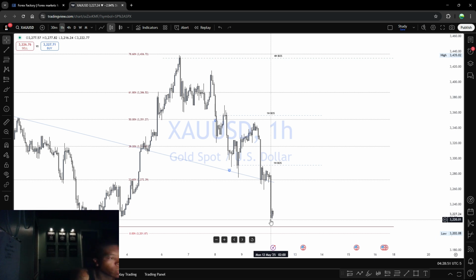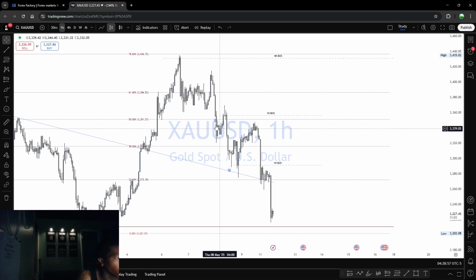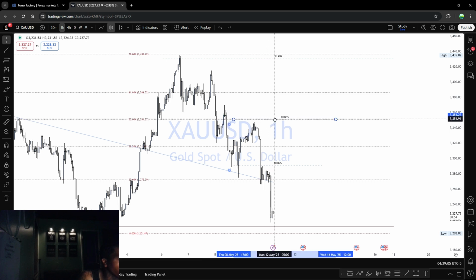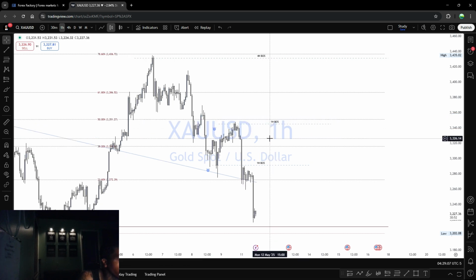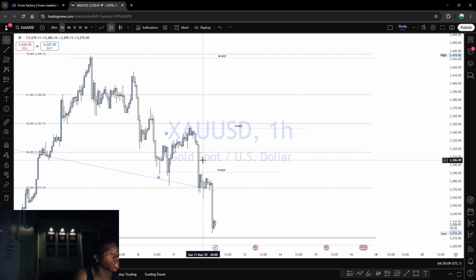So we should be looking for price to come back and retest for the continuation. And I know I got this 1 hour break structure here. I actually can put it here now since it's the next level here. So we can move that down. Just 1 hour break structure because we had broke this low. So that's the high.